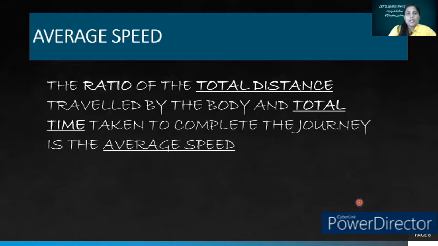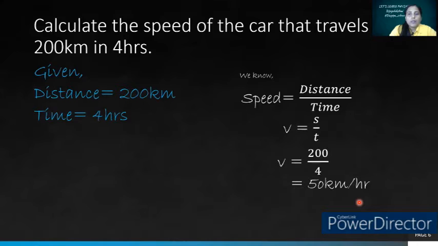Average speed is the ratio of the total distance traveled by the body and the total time taken to complete the journey. The situation is a car traveling 200 kilometers in 4 hours. This is an ideal situation, when a car is traveling without any hindrance.